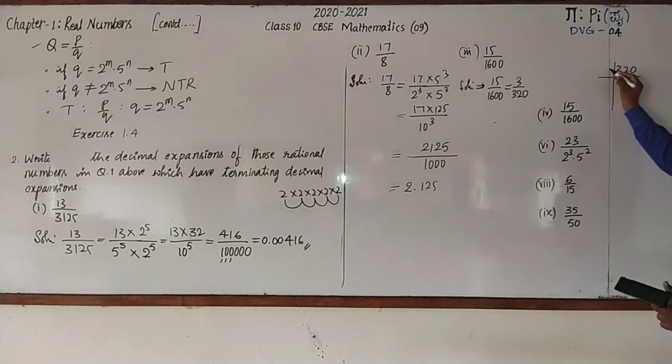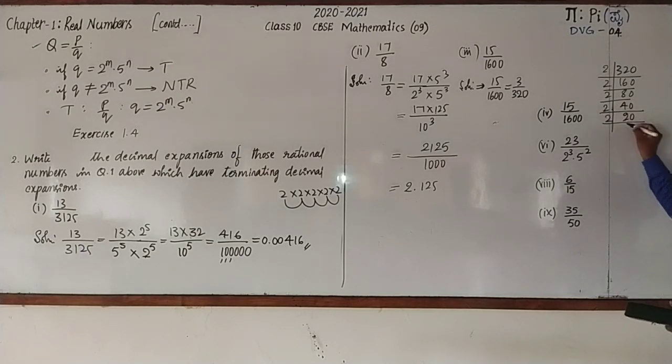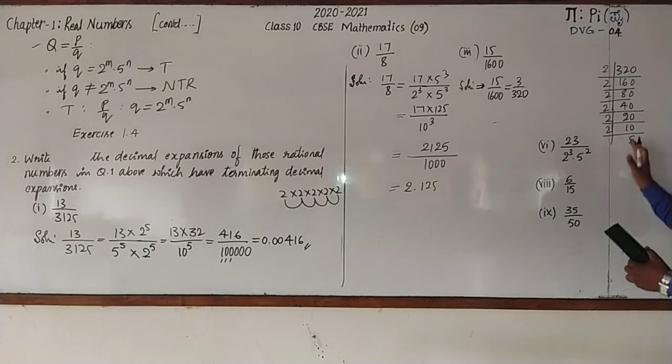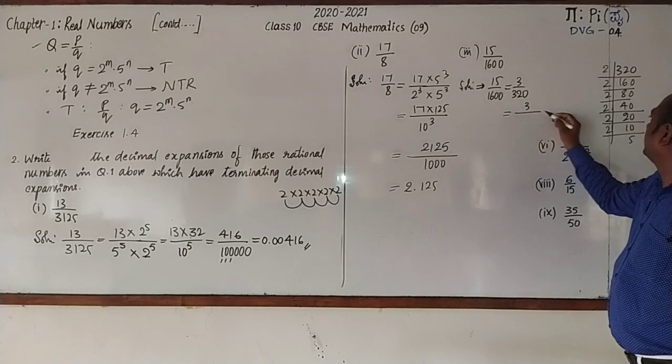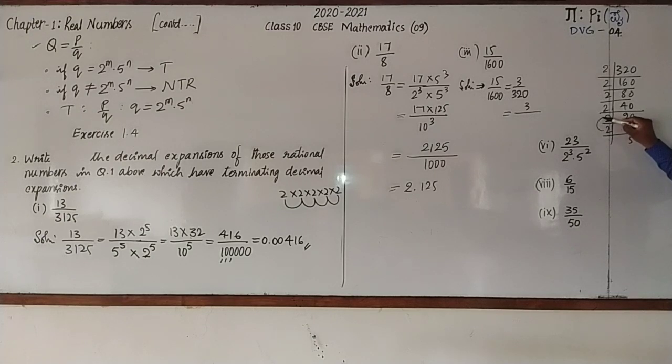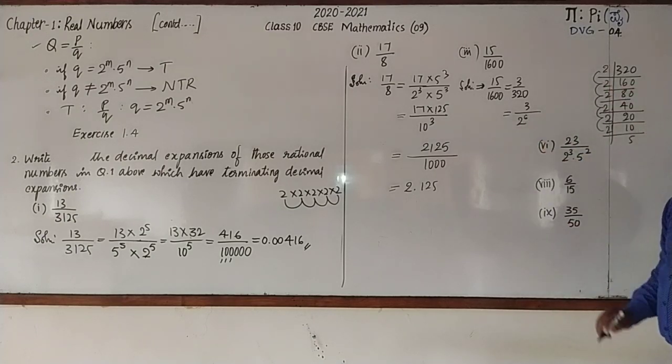Now you can write the prime factorization of 320. It is 2 to the power 6 into 5, 2 raised to the power 6, counting 1 2 3 4 5 6 times.